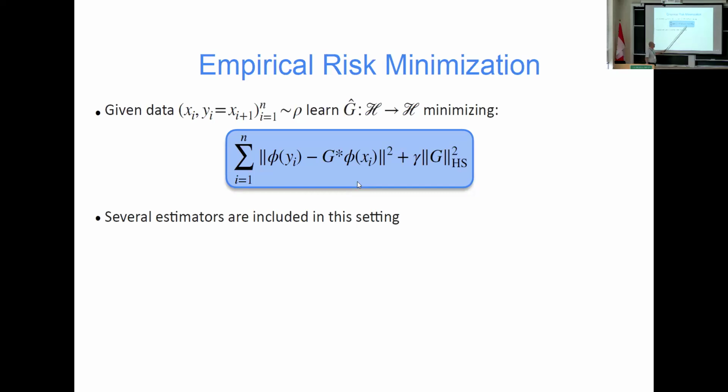We also add some regularization. This is a standard idea to penalize too complex operators, and here we add the Hilbert-Schmidt norm of the operators. You could add some other regularization term. Okay, so this is a very simple idea.